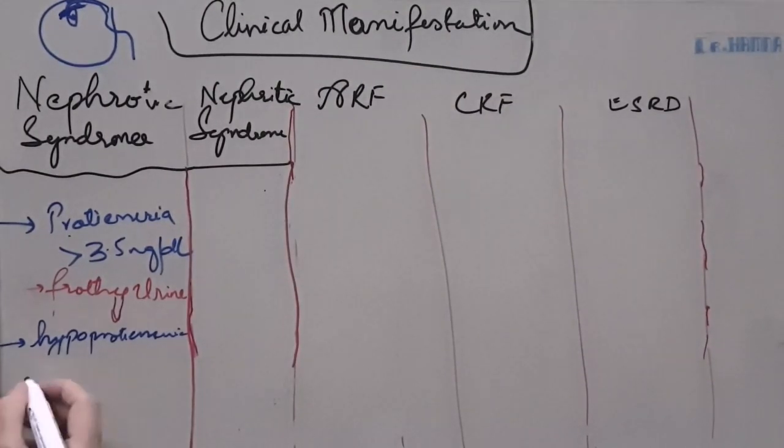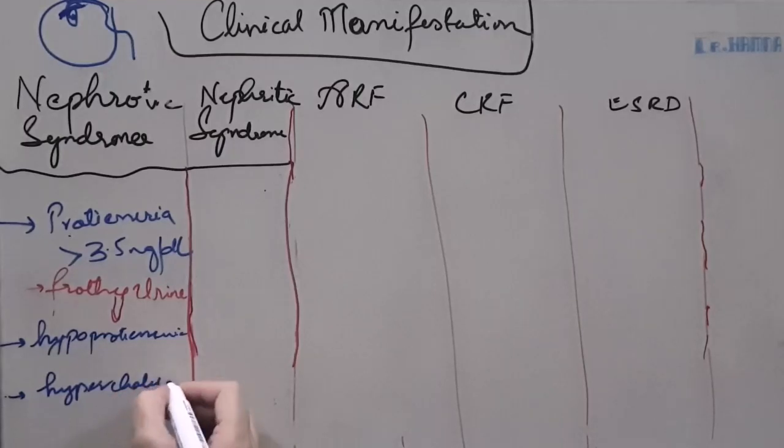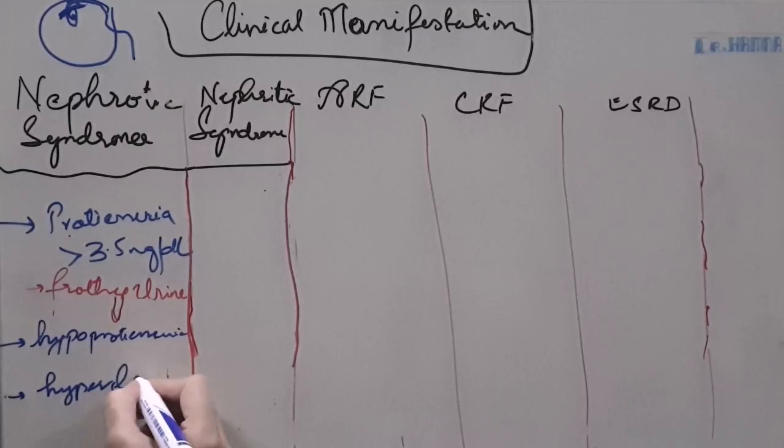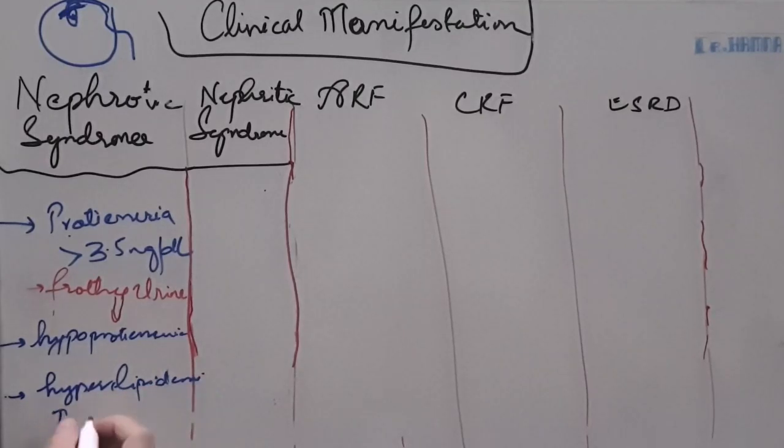Now the third manifestation of nephrotic syndrome is hypercholesterolemia, hyperlipidemia. This increase in lipid levels within the blood is basically because of an increase in the level of lipoproteins within the blood.